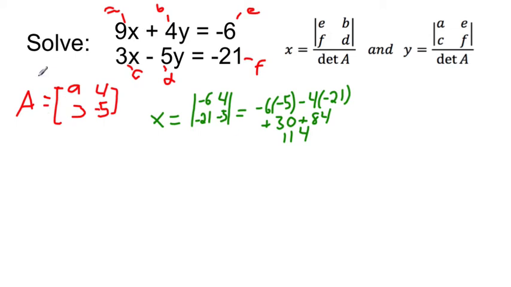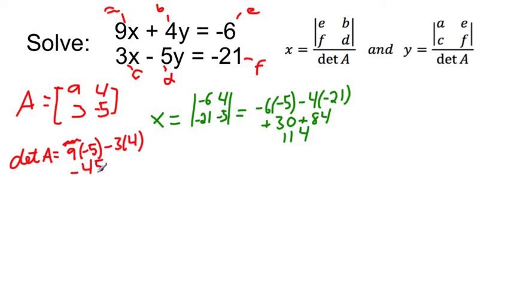So I'm going to need to figure out my determinant of A. Ignore that. It is going to be 9 times negative 5 minus 3 times 4.